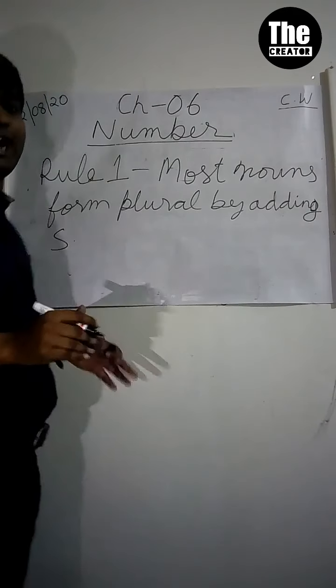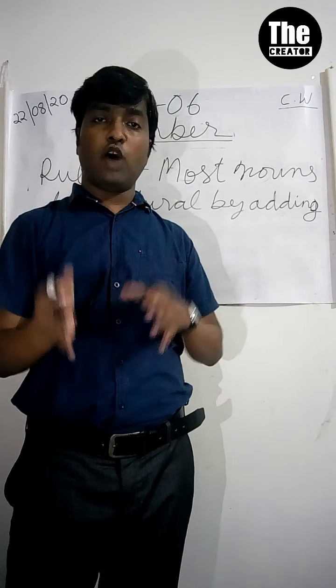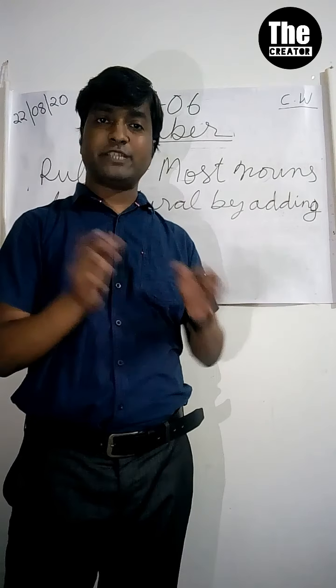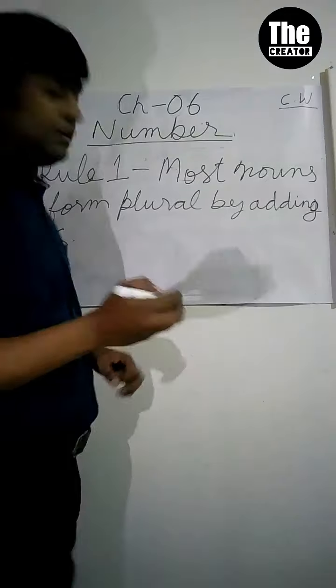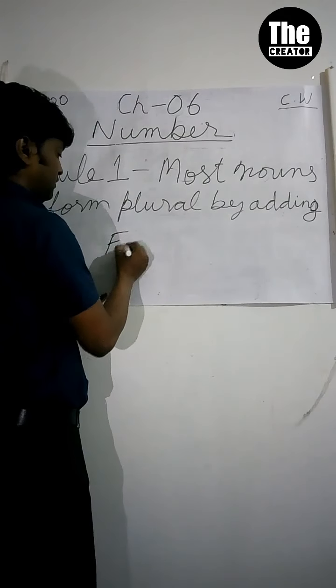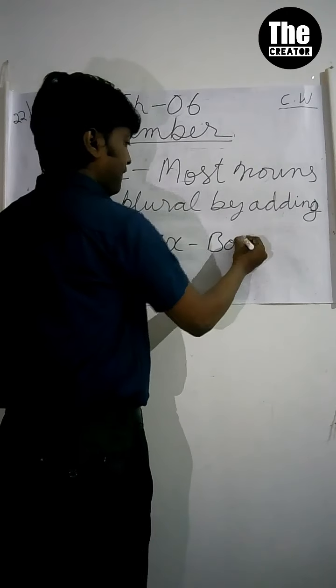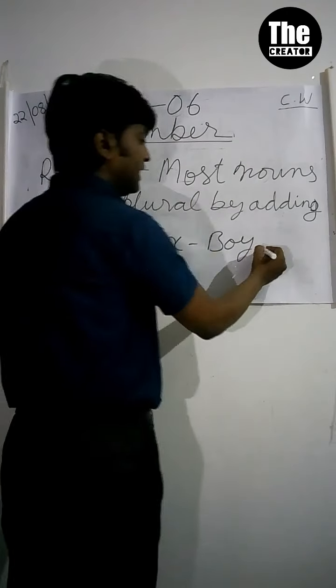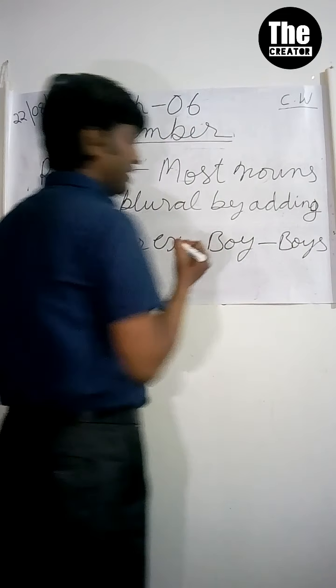You just need to add s in it, and what would happen? The noun will change its form from singular to plural. For example, if we talk about boy, you just need to add s over there, then boy becomes boys.